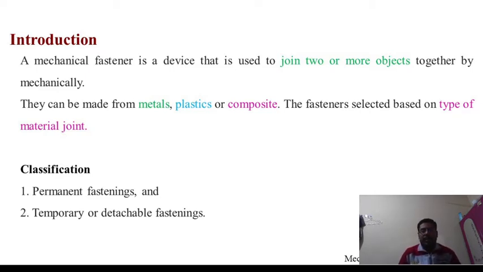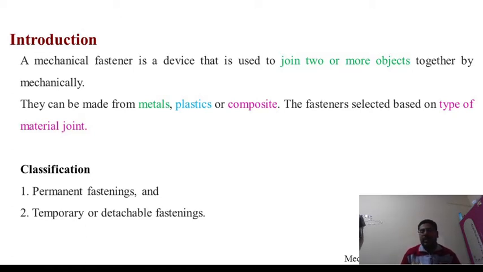The second one is temporary or detachable fastening. Temporary, as the name indicates, is temporary. When we need it, we use the fastener, and then we can remove it from the joint.